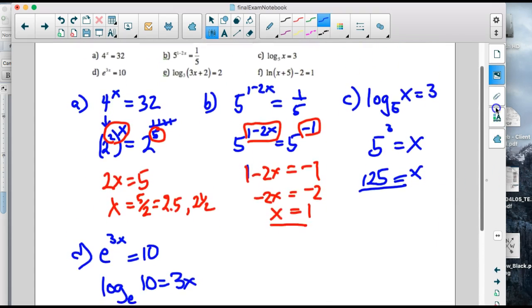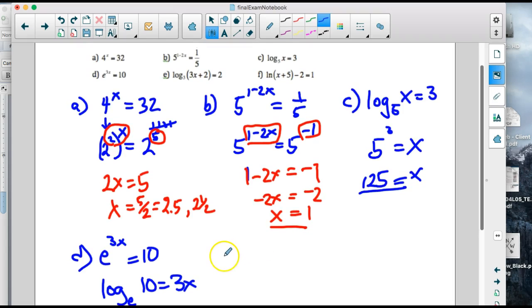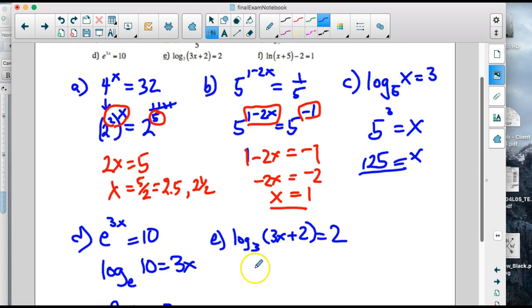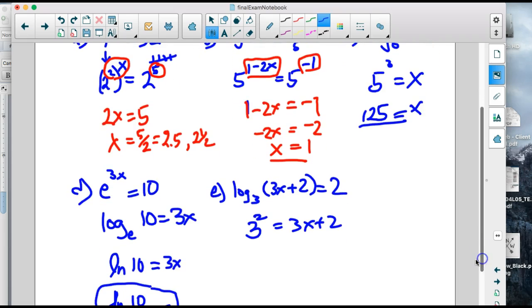All right, E and F, we're going to rewrite those. E is log base 3 of 3x plus 2 equals 2. So as we did on D, we're just going to rewrite that. So the base is 3, the exponent is 2, and it equals 3x plus 2. So we solve that.